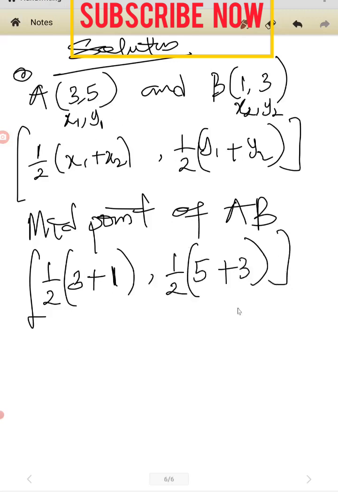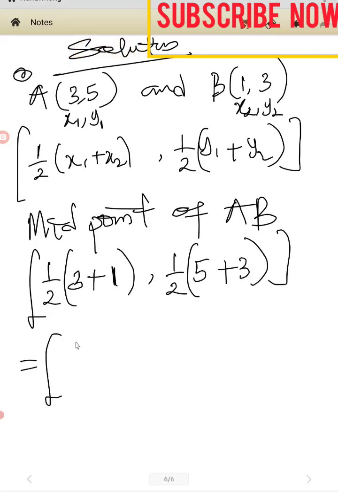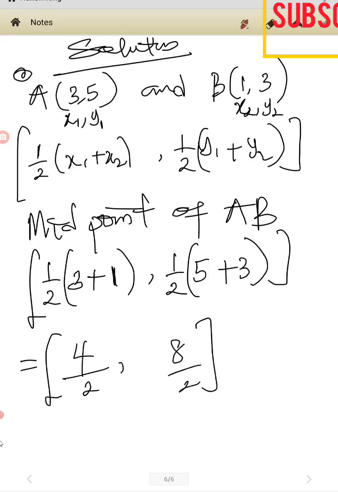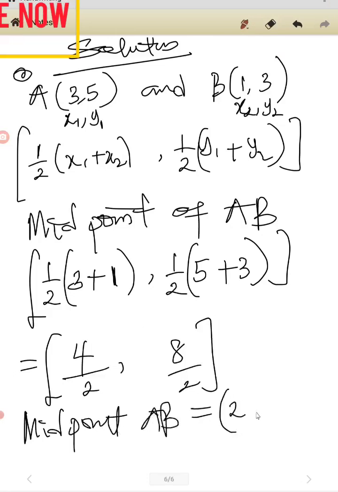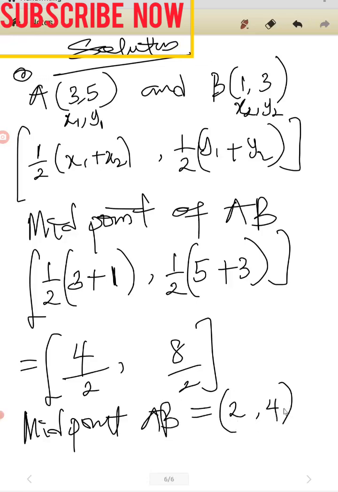So that is the midpoint of AB. You now have 4 over 2, comma, 8 over 2. So the midpoint of AB will now be 2, 4. This is x, this is y. So this is just how to find the midpoint.